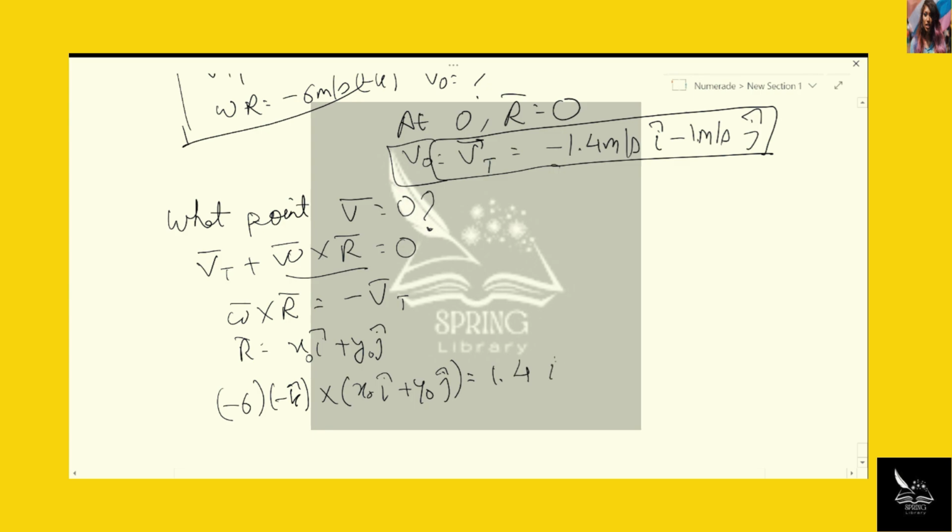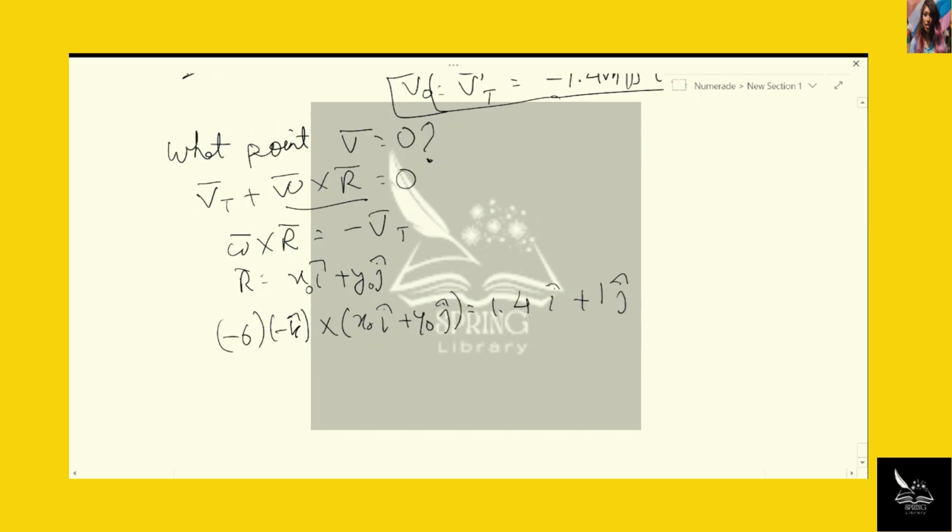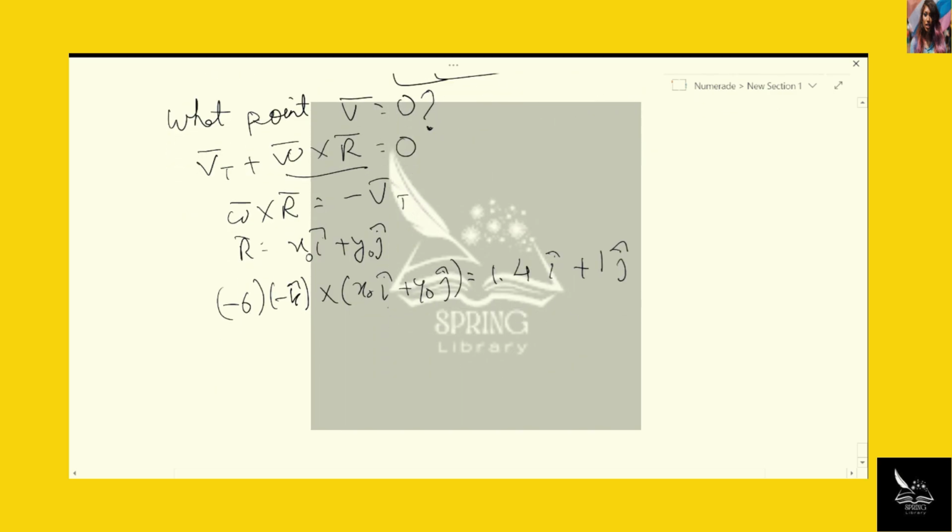Okay, minus and minus will cancel, so this will be a positive quantity, 6k. Then k cross i is j. So this tells us that 6x naught equals the j component, which is 1, so x naught will be 1 over 6.